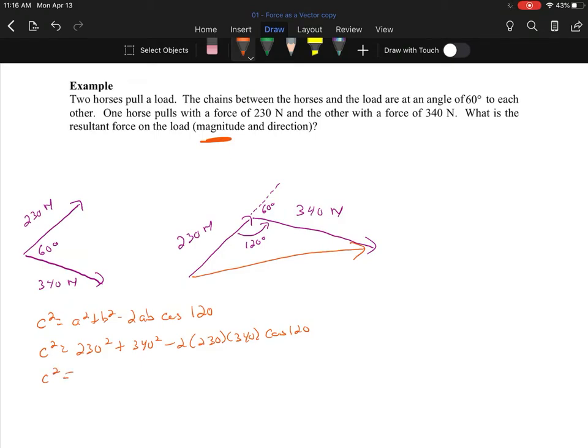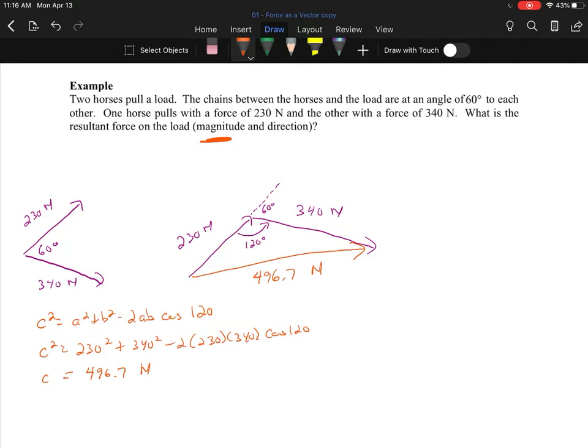And when I punch that all into my calculator, I get a c squared of, yeah, I got that now. And so when I take the square root of that, I end up with c equals 496.7 newtons. I'll leave it to you to type those in and make sure you get that answer. So that's the size of the force.